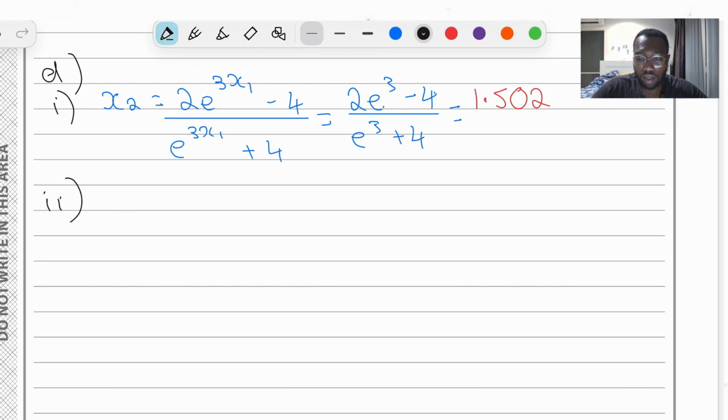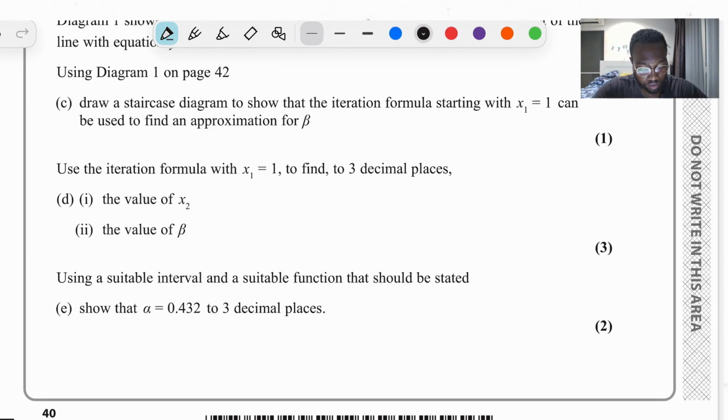If I keep hitting equals, it's converging to 1.968. Now it's just stopped, I can't go anymore. It's converging to the same value to 3 decimal places. That is just 1.968.